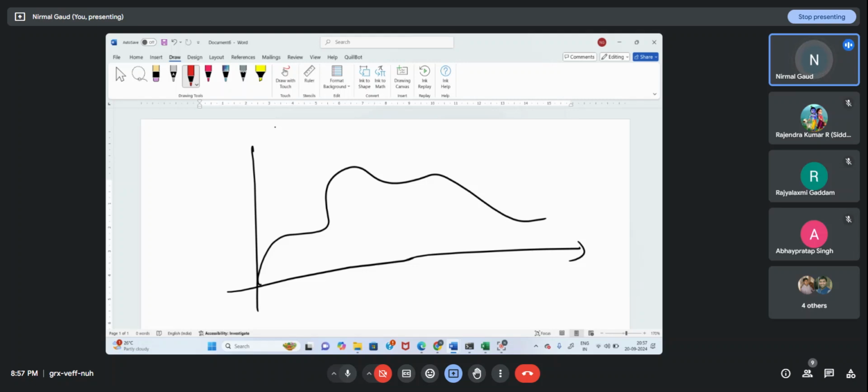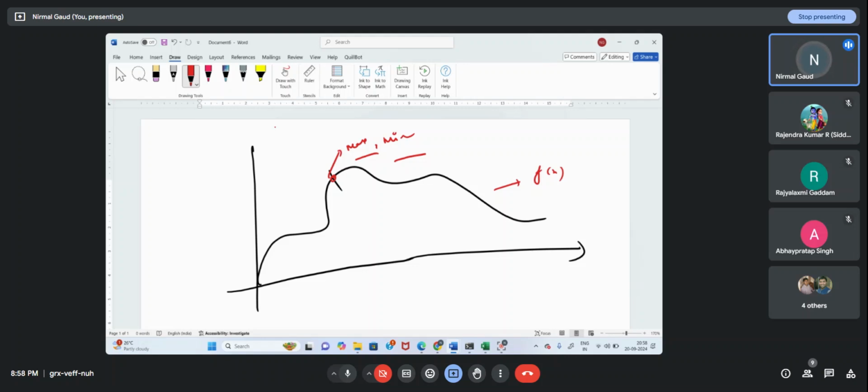For example, you are at this particular point. What's the behavior of the function there? Whether it is giving a maximum value or a minimum value, that's what you have to find. Whatever the equation of the function, differentiate, double differentiate, and find whether it's maxima or minima.